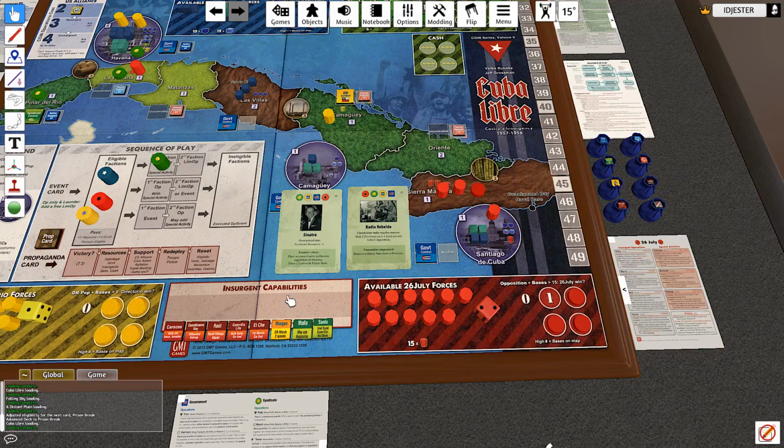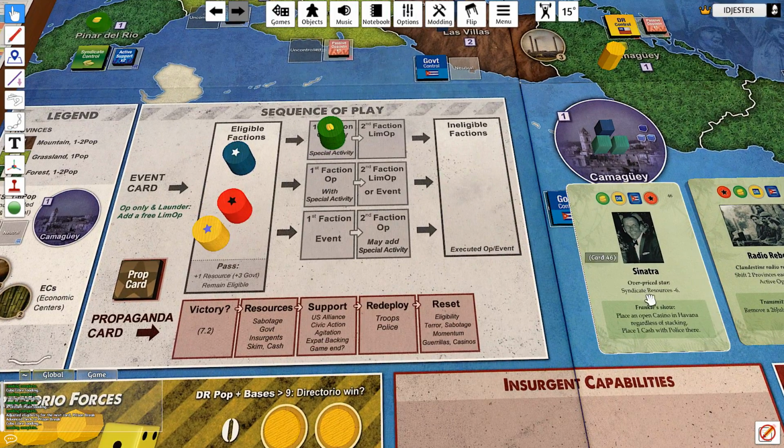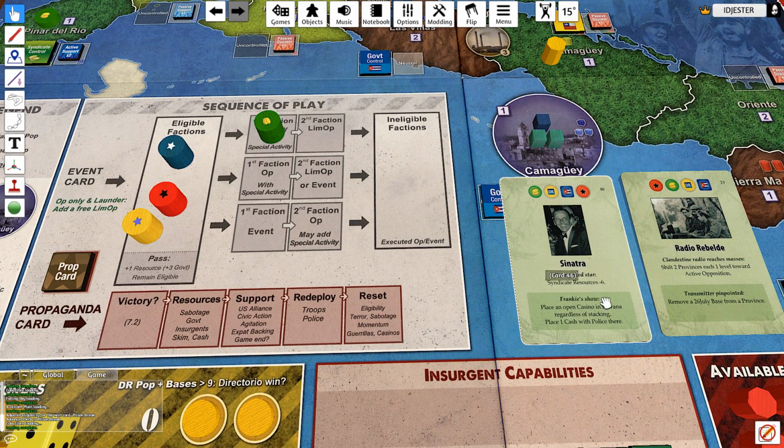So green is like, I don't want anyone to remove my pieces and I don't really want to play the event. And I should mention, if you play the event, nobody can play the other event. There's only a one-time use. You won't see where it says event and then play event again. So that's how the sequence of play matrix works.